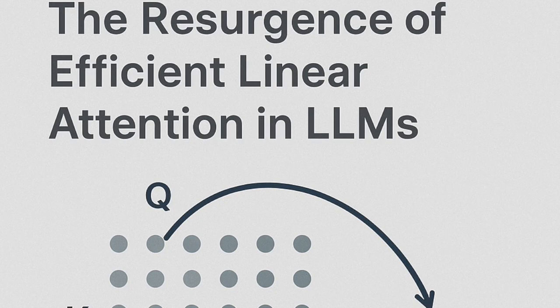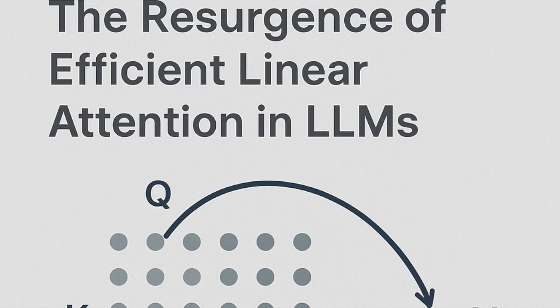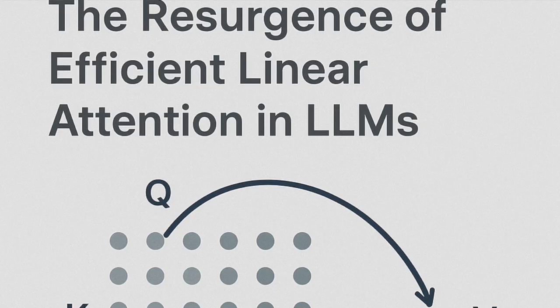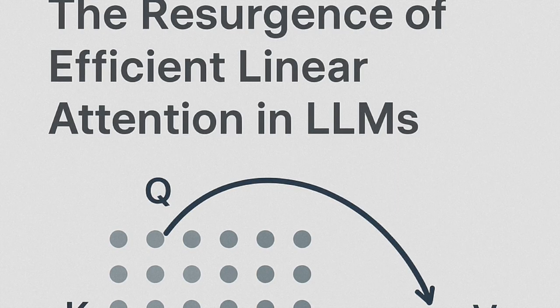By removing explicit positional encoding, like RoPE, rotary positional encoding, which is common, from the MLA layers, they're essentially forcing the entire burden of encoding positional information and understanding sequence order onto the KDA layers. So the linear KDA layers are now responsible for both the recurrent memory and understanding position. Exactly. The KDA layers have to figure out where things are in the sequence implicitly through their learned recurrent dynamics.